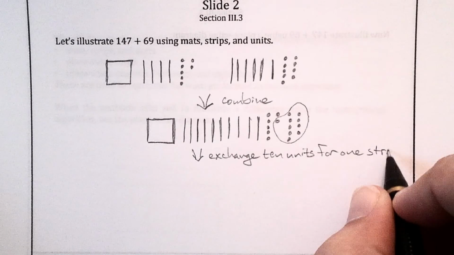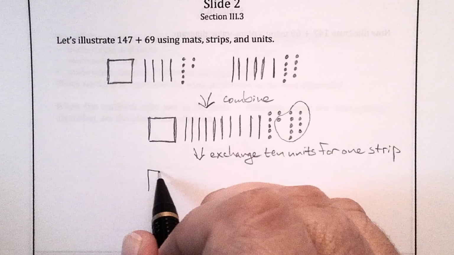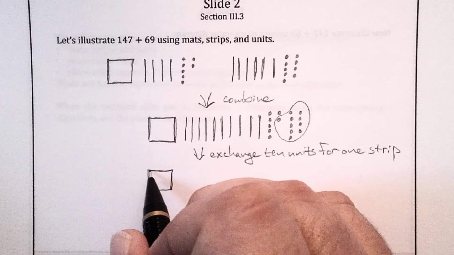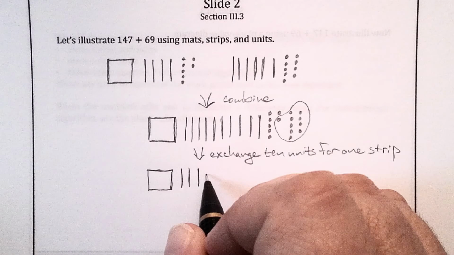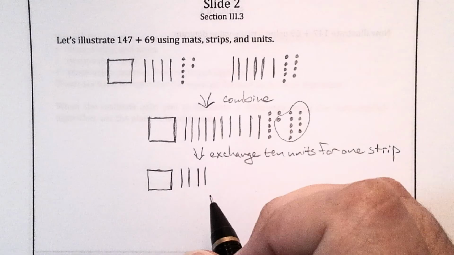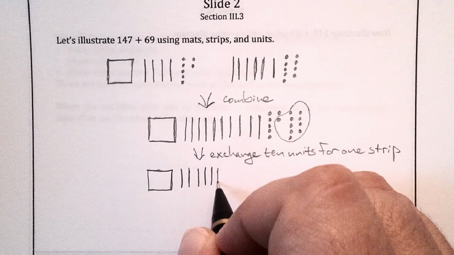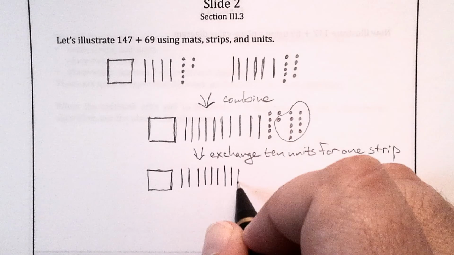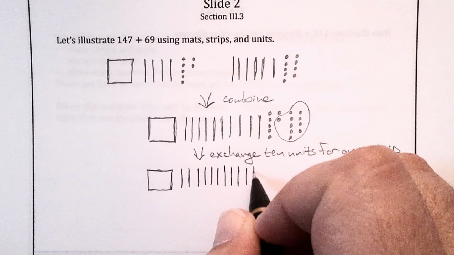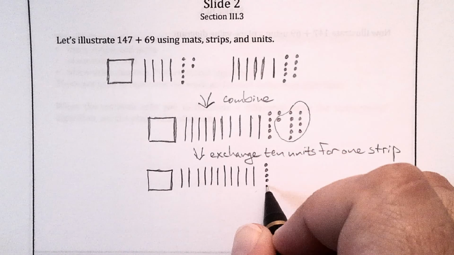So now I have my one mat and 11 strips. And we still have our 6 units left over.